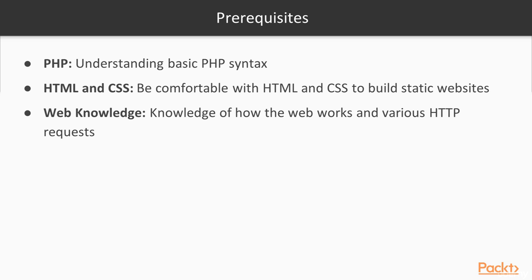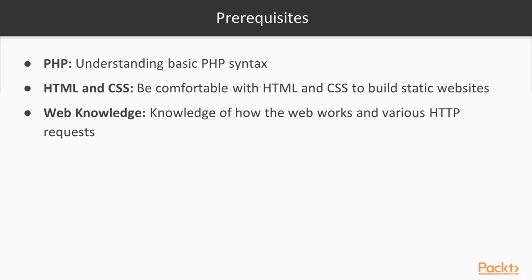Now, there are a few prerequisites, so I want to make sure you guys know that going into it. First of all, you do want a basic understanding of PHP for this. You don't need to be a PHP wizard, but Laravel is a PHP framework, so ultimately everything comes down to PHP. You need to know how to do basic method calls and basic functions, managing strings, how to define a variable. Very basic stuff. If you have the basics of PHP down, you'll do good in this course. Of course, you also are building front-end experiences, so HTML and CSS is important as well.